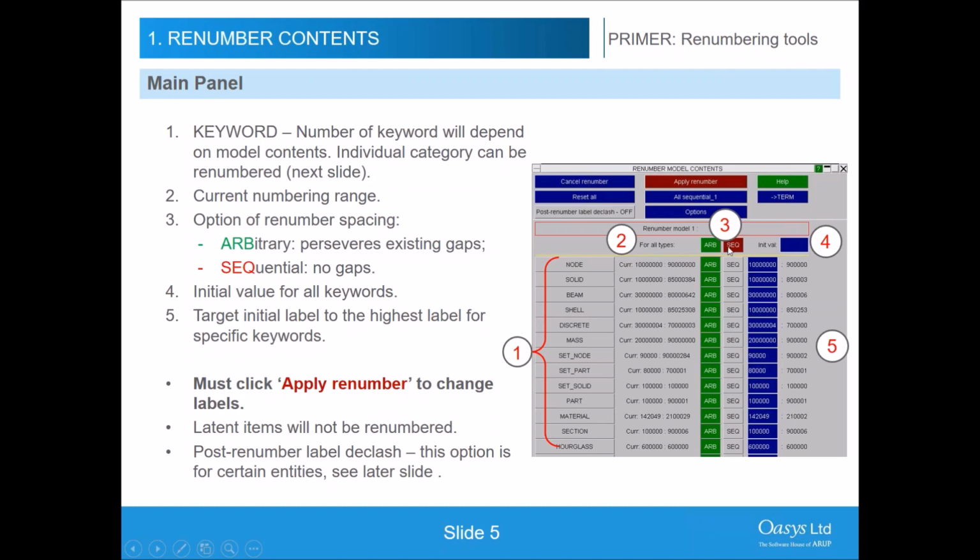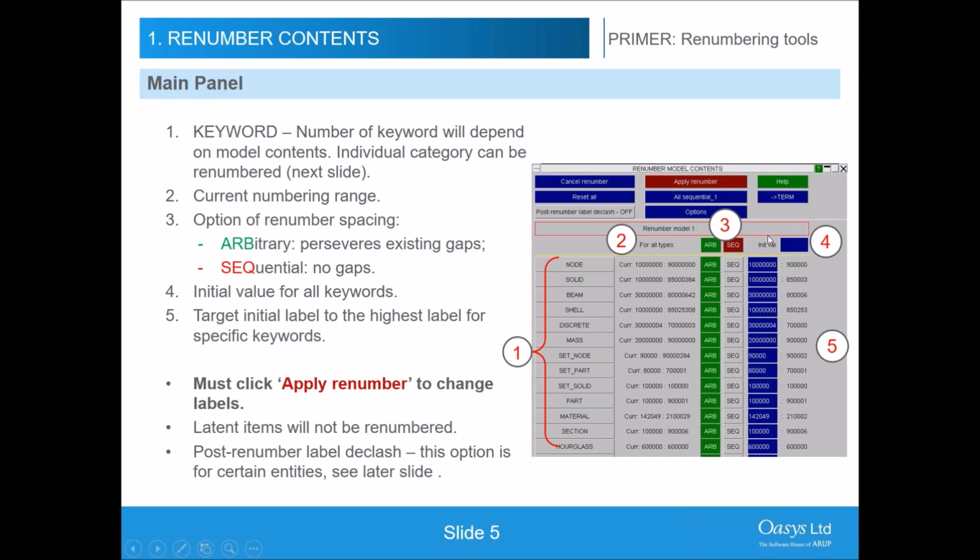And 3, this is one of the options we can have. You can either renumber them arbitrarily, so that would preserve the existing gap between the labels, or you can label them sequentially. So it would do a simple +1 iteration for every single label so that they're all condensed, if you will.